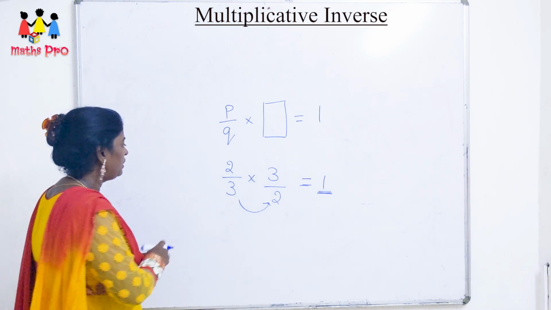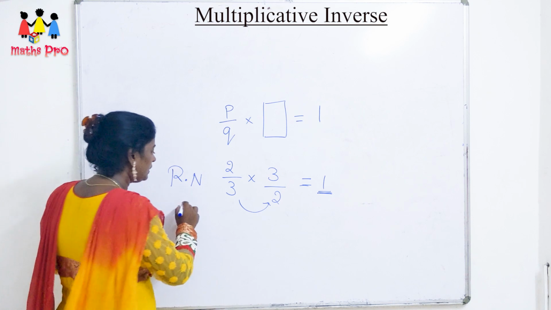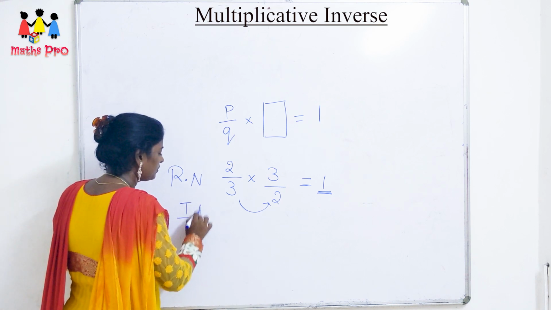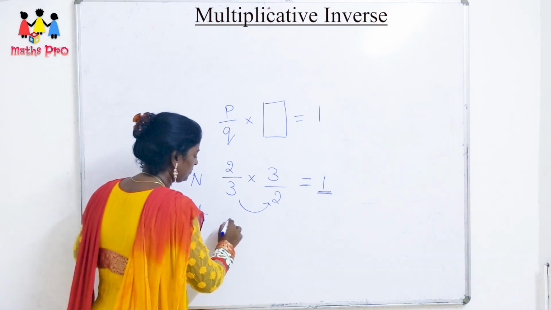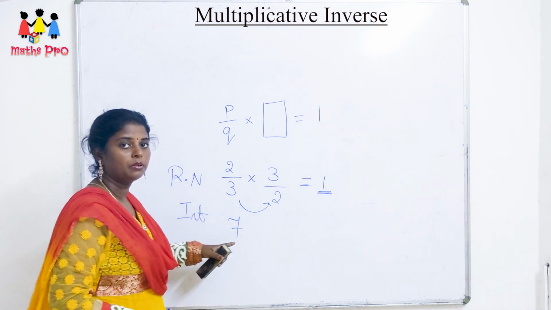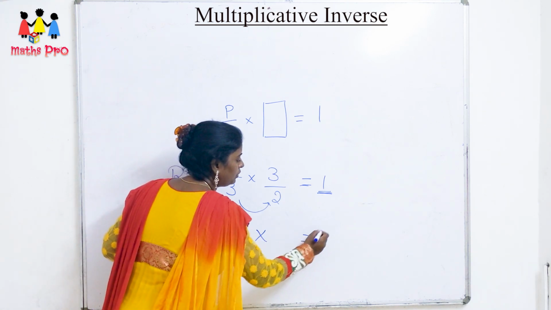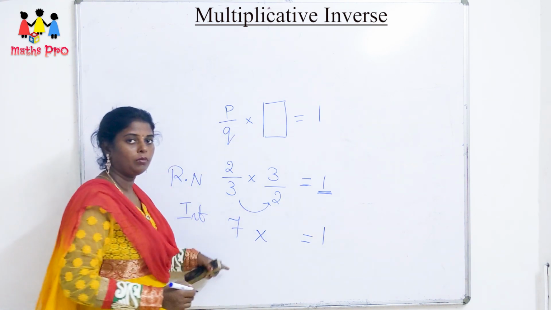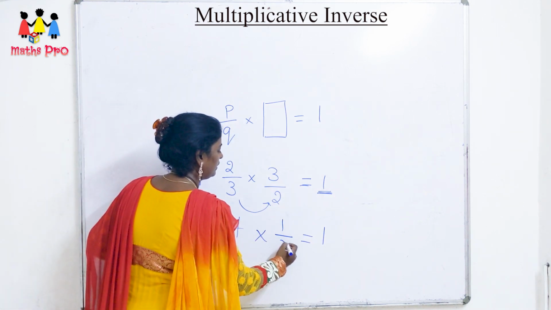Here we are talking about the rational number. If it is an integer like 7, whenever I multiply 7 with some number to give the value 1, that number is 1 by 7.